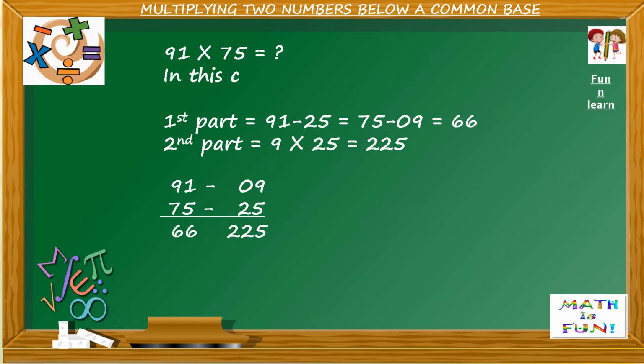As in this case common base is 100 and multiplication of complements exceeds common base by 2 digits. Therefore, extra digits should be carried forward and added to the first part.